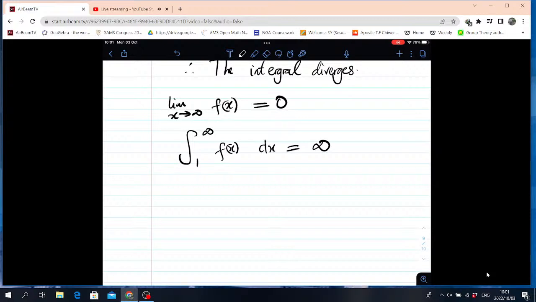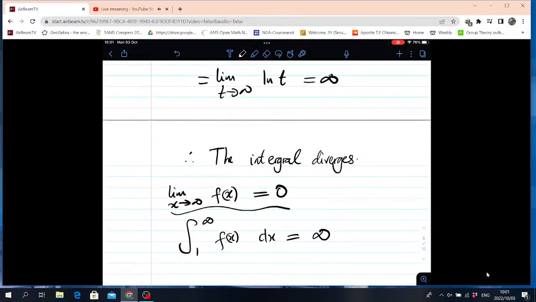So this is a classical example of a function whose limit as x tends to infinity is equal to 0, but when you integrate, you find out that the integral is actually infinity. You would intuitively most likely think that if the limit of a function as x tends to infinity is equal to 0, you would expect the integral to be convergent. But in this case, we can see that that is not the case.